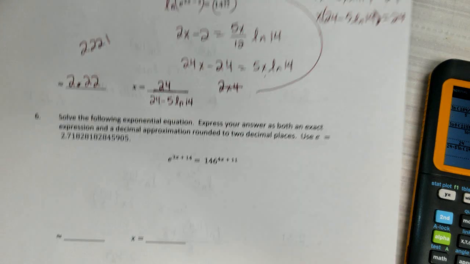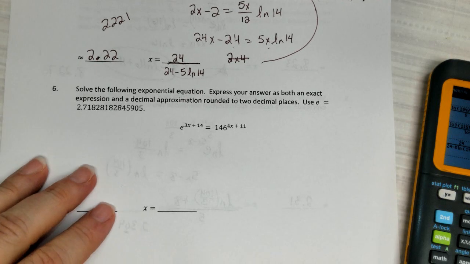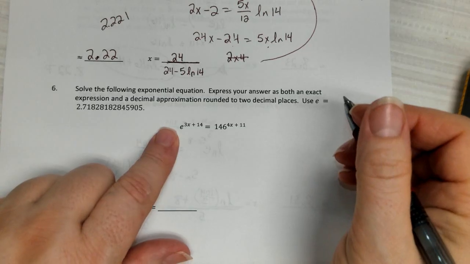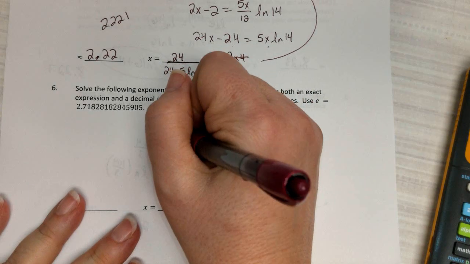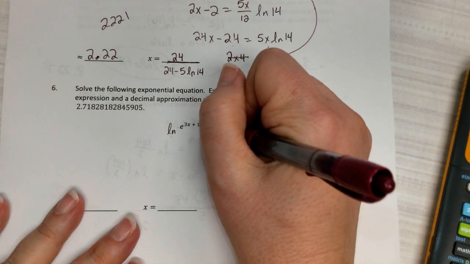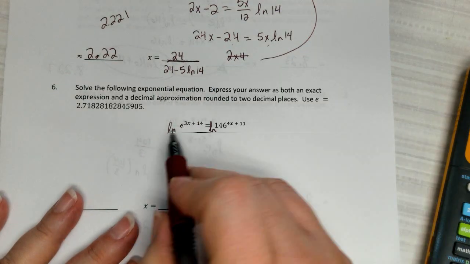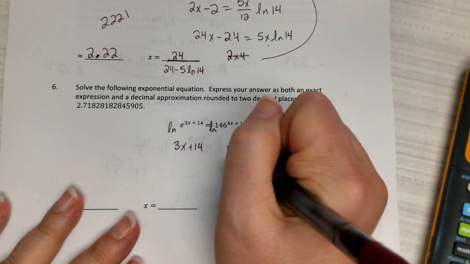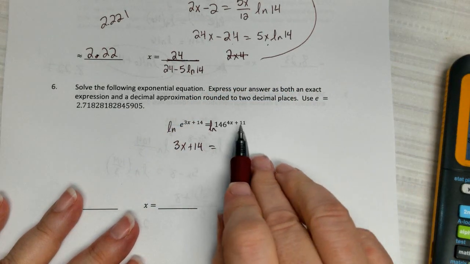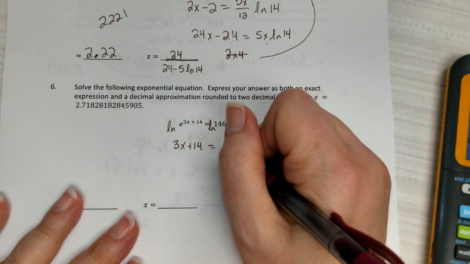Okay, on number 6, let's look at this one. I have an e, so I'm going to take the natural log of both sides, right? The left side is going to be 3x plus 14. The right side, move the exponent into the front.